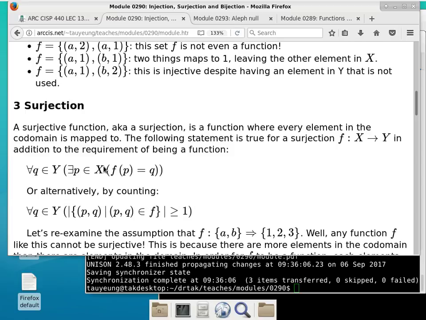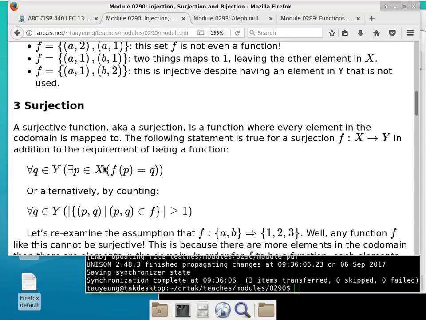Can you have elements in the codomain that aren't touched by the domain elements and still be surjective? No. In a surjection, everything in the codomain has to be mapped to. Nothing is left unmapped.